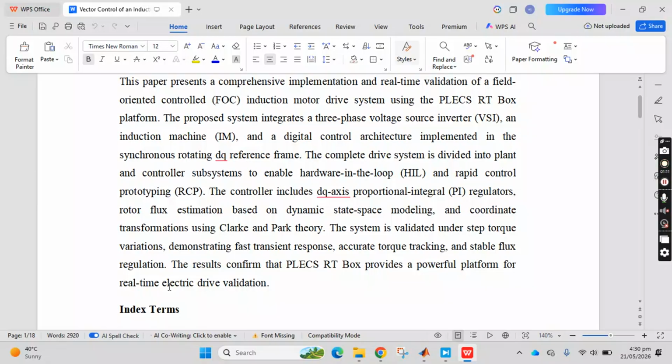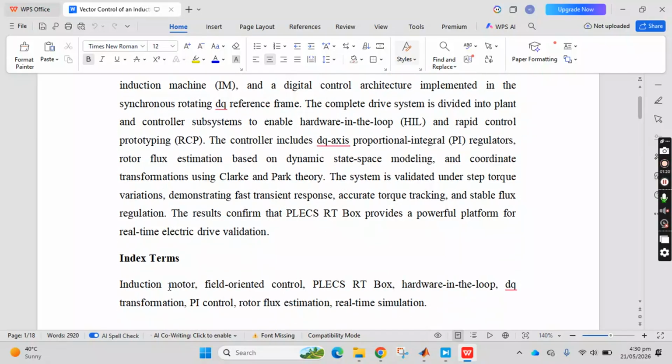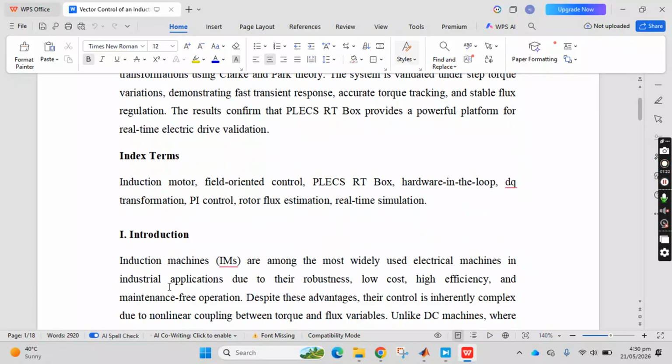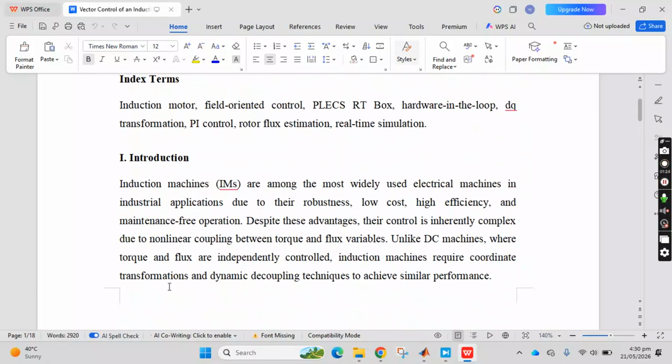The system is validated under step torque variations, demonstrating fast transient response, accurate torque tracking, and stable flux regulation. So next is the introduction.